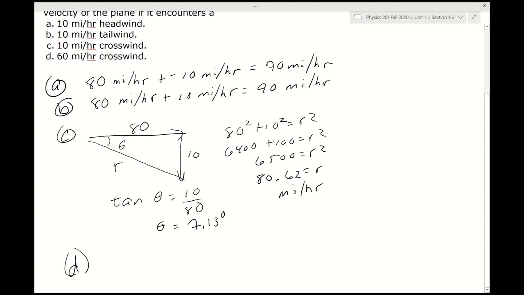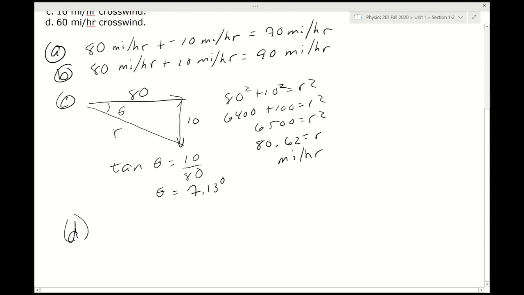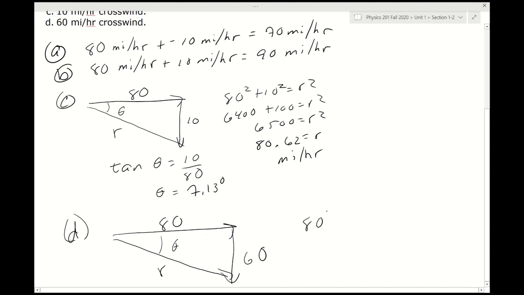For part D, we now have a 60 mile per hour crosswind. So that we have an 80. We still have our crosswind in the same direction, but now it's much larger. Still doing Pythagorean to find out what the magnitude of our resultant is.